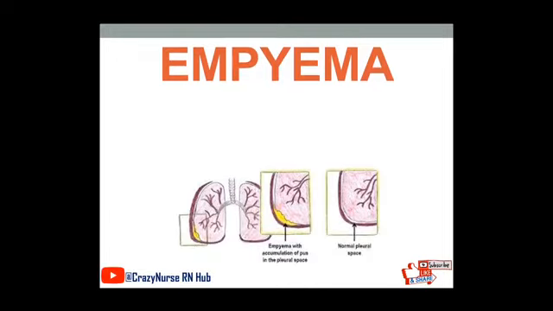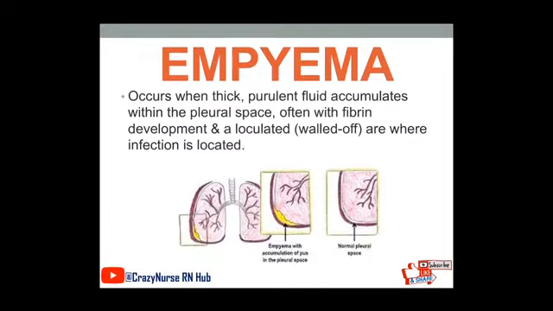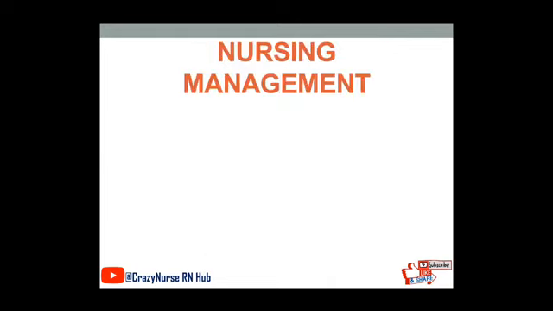The empyema means it occurs when thick, purulent fluid accumulates within the pleural space, often with fibrin development and a loculated walled-off area where infection is located. So there is an accumulation of pus in the pleural space. That is your empyema. For the nursing management, we have to improve the airway patency.